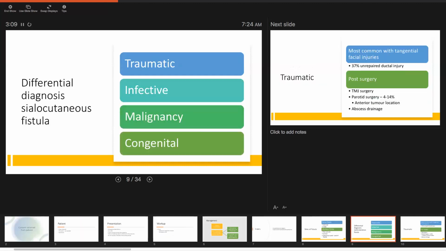So differential diagnosis for sialocutaneous fistulas: most of them are traumatic, post tangential penetrating trauma.